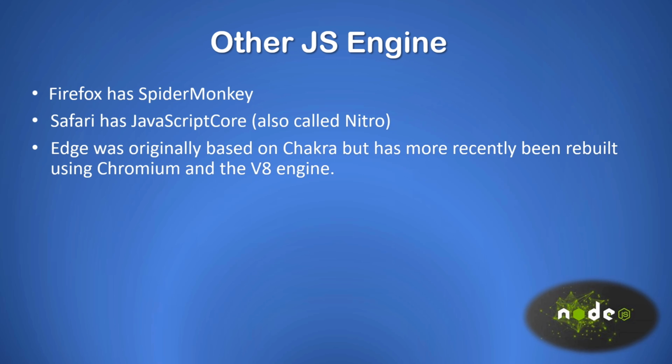Edge was originally based on Chakra, and it has been rebuilt using Chromium and the V8 engine. There are a lot of other JS engines, and all of them implement the ECMA-262 standard, also called ECMAScript, which is the standard used by JavaScript.